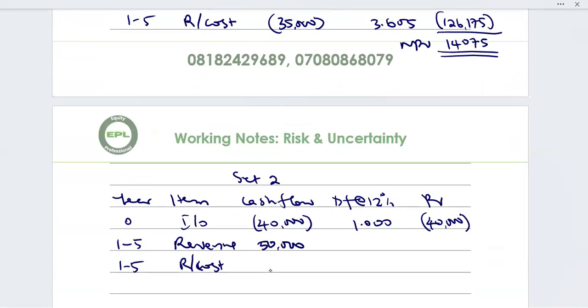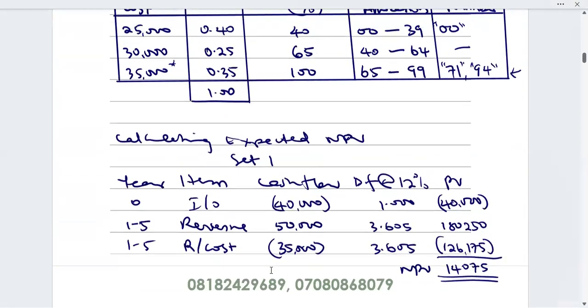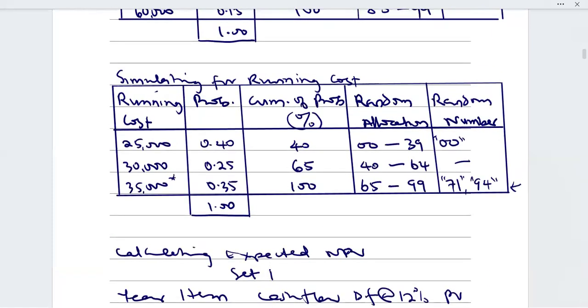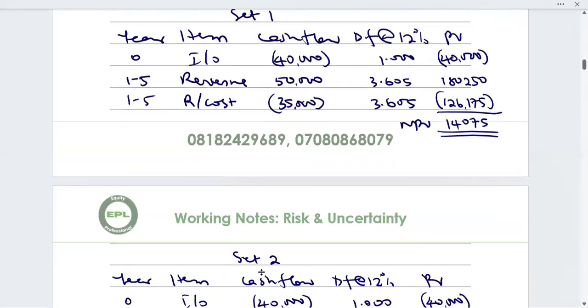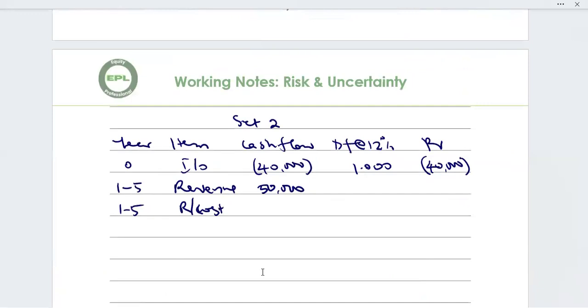Again, I will go back to the question. For running cost, set 2 is 00. Here is 00. Trace it to the left, that's 25,000 naira. Multiply by 3.605.